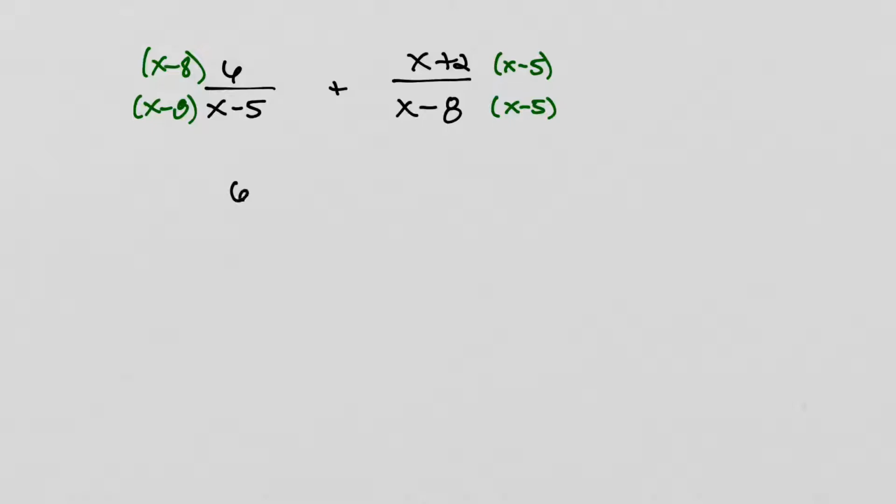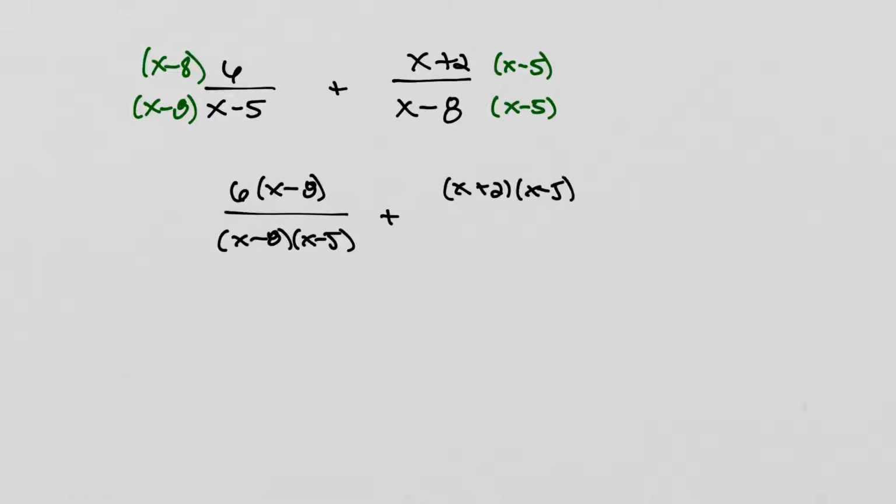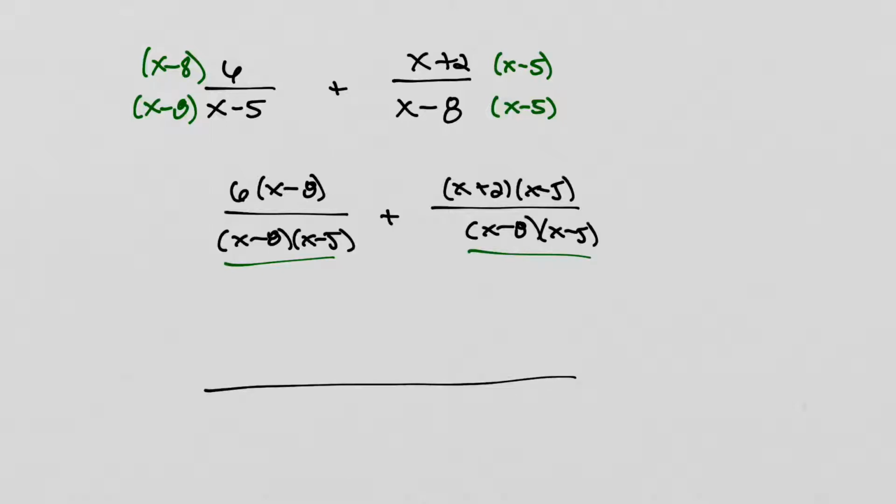So what's going to be left over is a 6 times x minus 8 over this denominator, and an x plus 2 times x minus 5 over this denominator. Which means now, since we have the same denominator, I can add these two things together. Right? So here is my common denominator, x minus 8 times x minus 5.